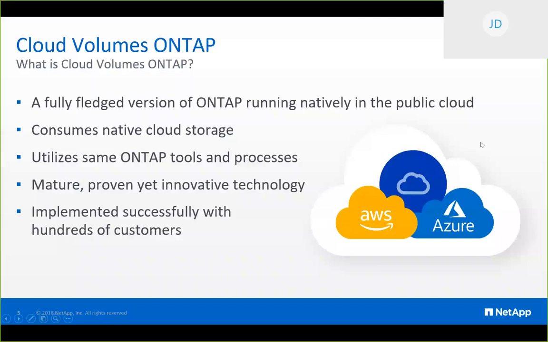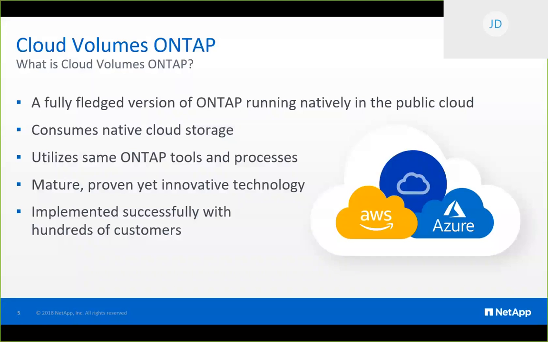So here's what we talked about last time. What is Cloud Volumes ONTAP? To put it quite simply, it's a fully fledged version of ONTAP that's been modified to run natively in the AWS and Azure public clouds. It runs by consuming native cloud resources, and it uses the same tools and processes that you're used to from your ONTAP system.